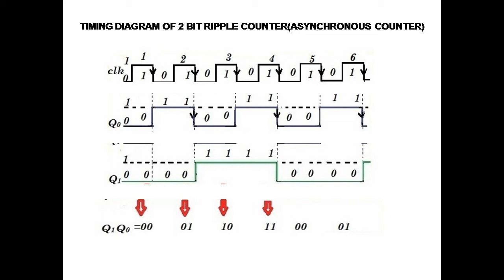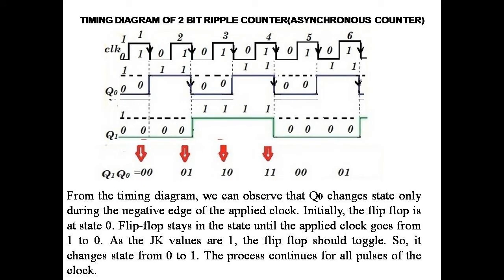So from this we find that in clock pulse 1, the output is 0, 0. Clock pulse 2, the output is 0, 1. Clock pulse 3, 1, 0. Clock pulse 4, it is 1, 1. So in this way, you can see the counting. You have 0, 0, then 0, 1, 1, 0, 1, 1.